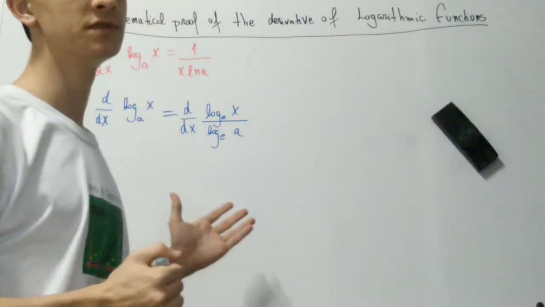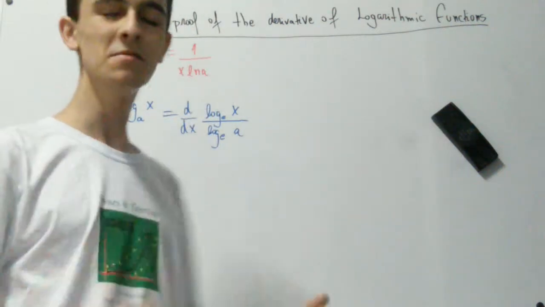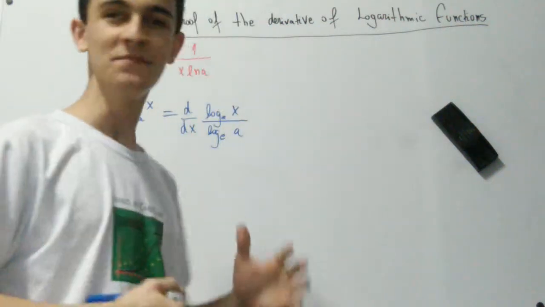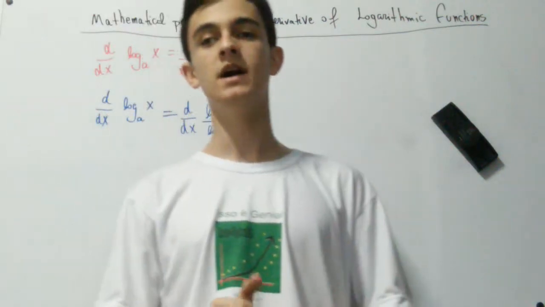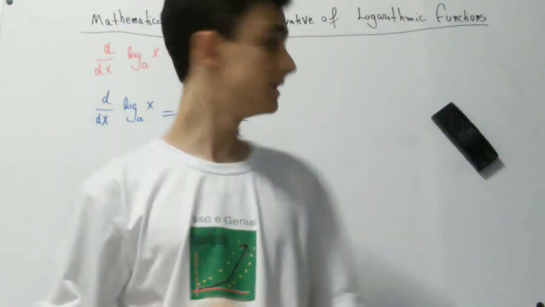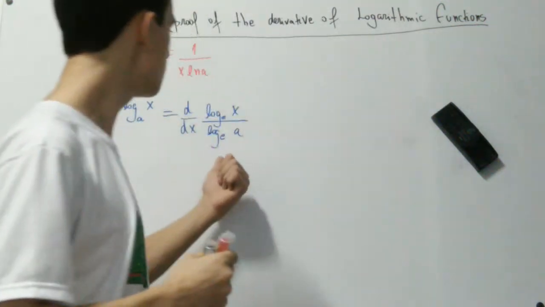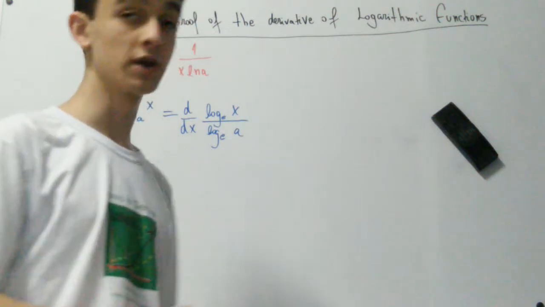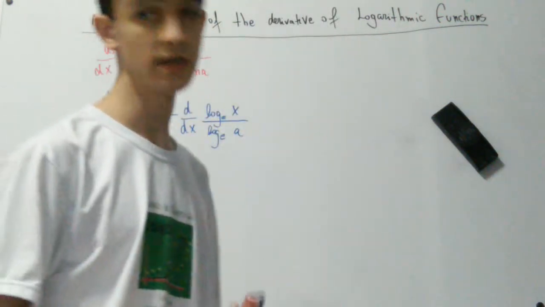Why did we choose this number? Well, we chose it because we know that with this number, the mathematical proof is going to work. But we're going to see in the next video that this number appears in calculus naturally.